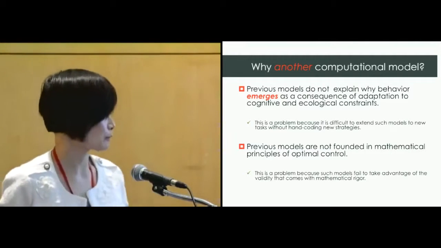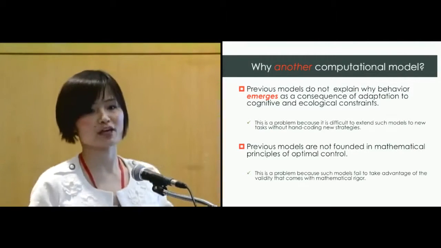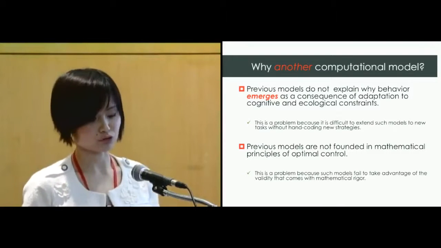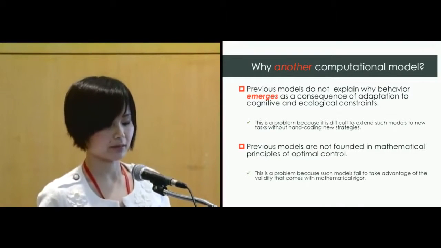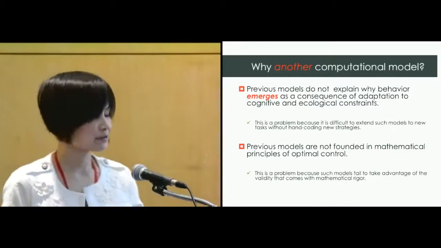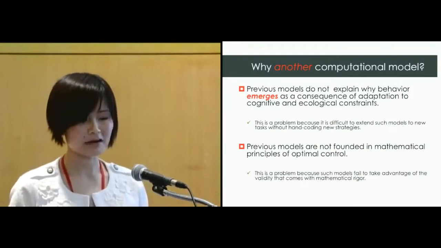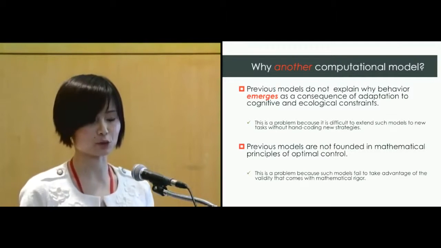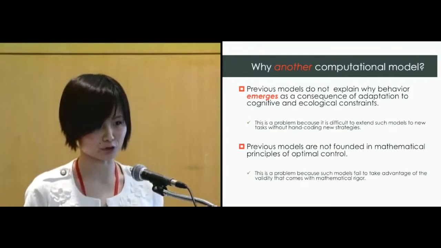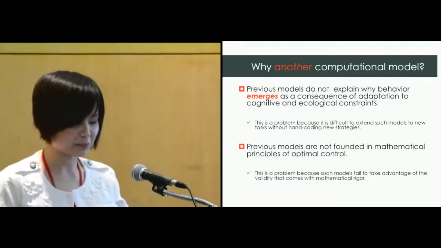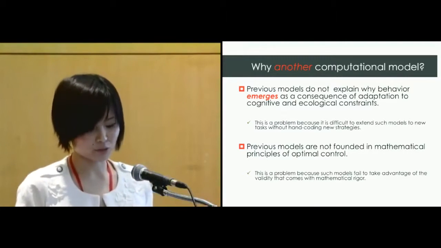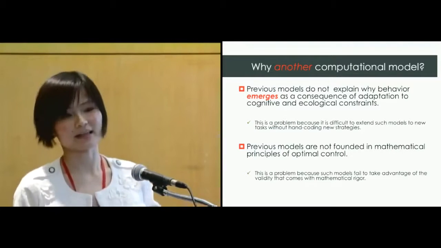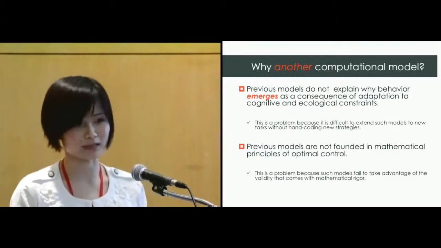This is a problem because it's difficult to extend such a model to new tasks without hand-coding strategies. The second reason is previous models are not founded in mathematical principles of optimal control. This is not ideal because such models fail to take advantage of the validity that comes with mathematical rigor.